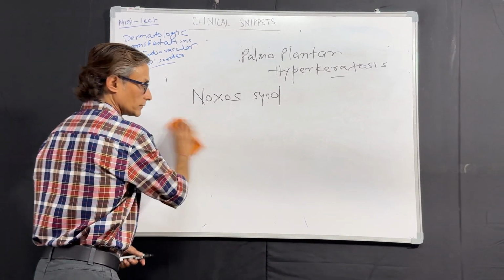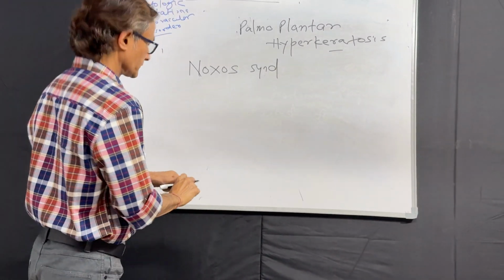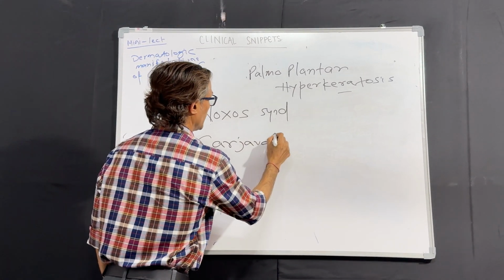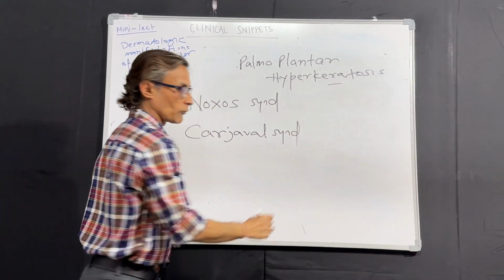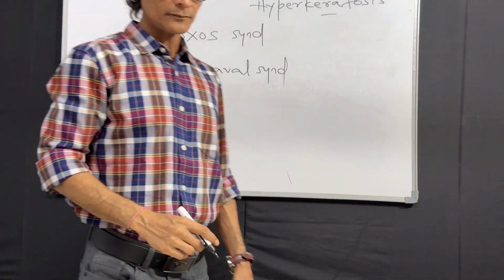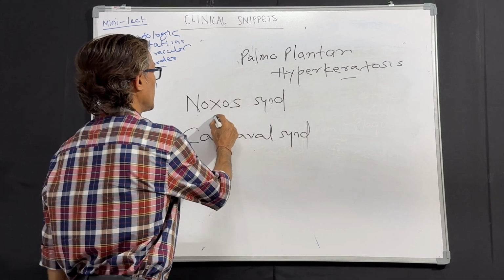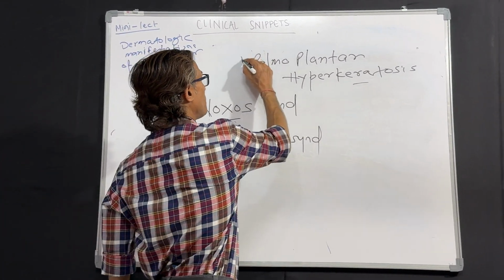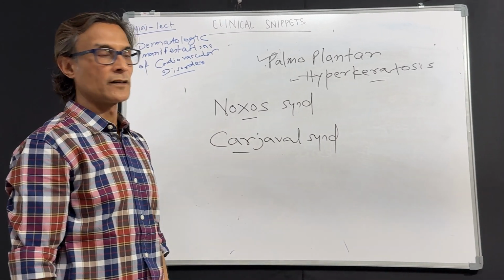Naxos syndrome and Carvajal syndrome are the two conditions where we get palmoplantar hyperkeratosis.